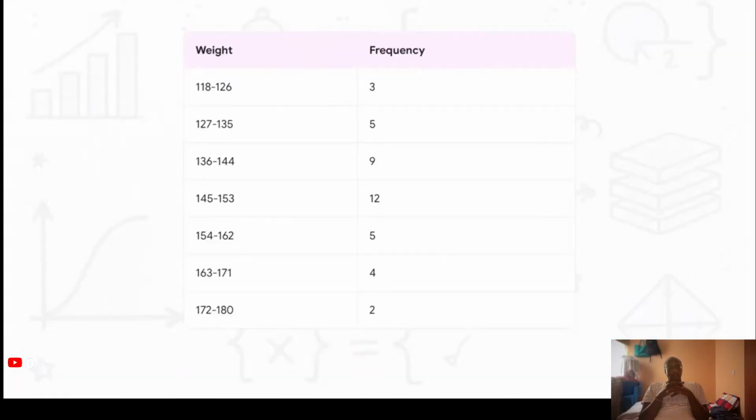Check this out. This is a perfect example. This table shows the weights of 40 students. But we don't have 40 separate numbers. Instead, we just know how many students fall into each range of weights.